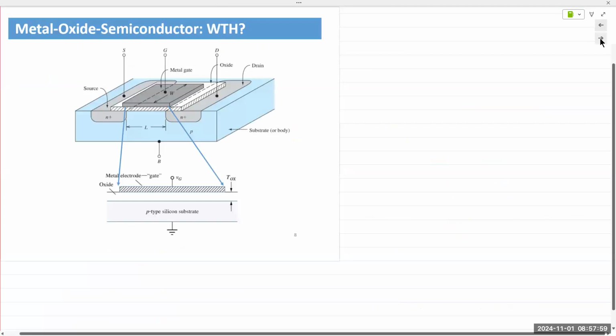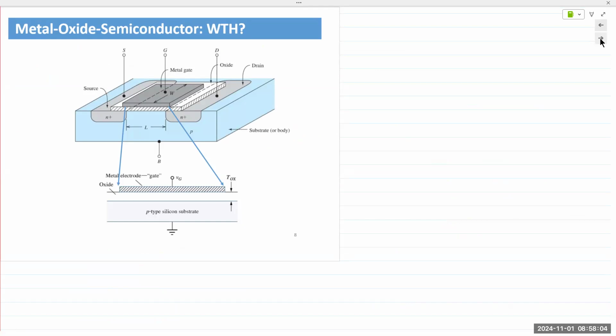Okay. So MOSFETs. What the heck are MOSFETs? Well, the full form is metal oxide semiconductor field effect transistor. And similar to the JFETs, we have an N-channel MOSFET and a P-channel MOSFET. If it's an N-channel MOSFET, we call it NMOS.